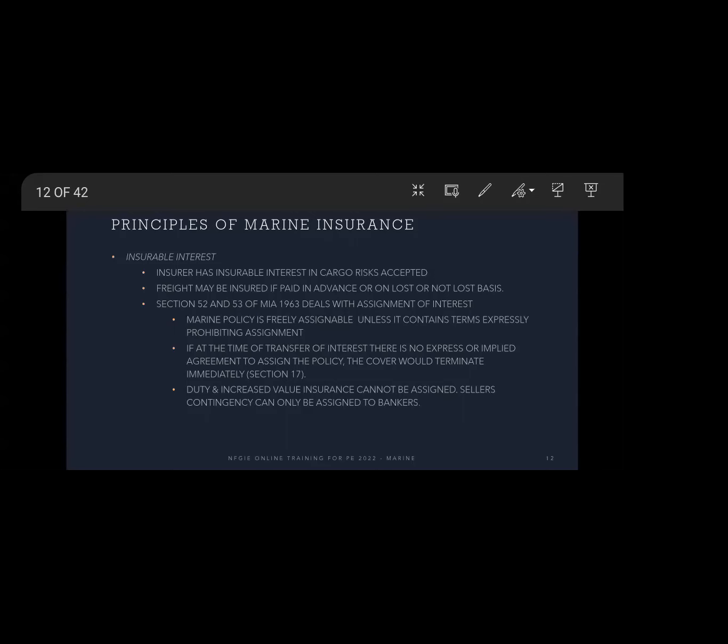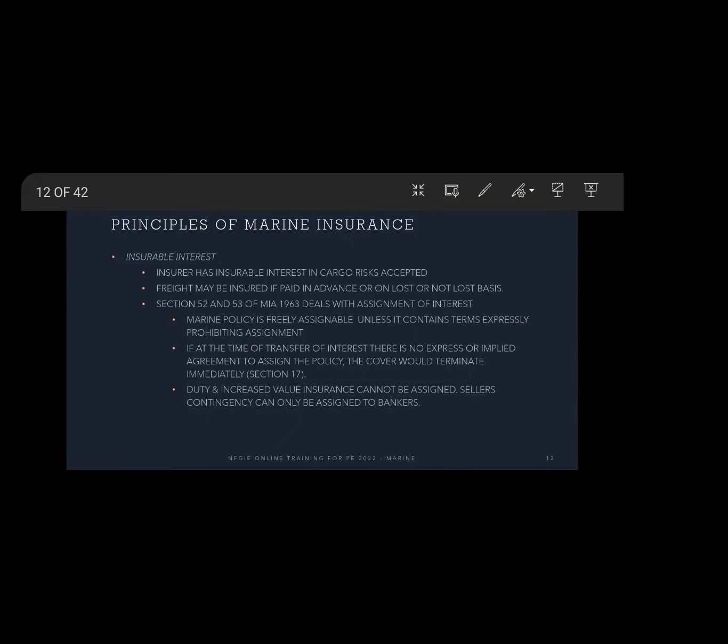You can just compare it with the motor policy or a fire policy. In a motor policy, once there is a sale of the car, we have a certain number of days within which that has to be endorsed in the policy for the coverage to continue. In a fire policy, once there is a transfer of interest, once there is a sale of the goods, immediately there is a stoppage of coverage.